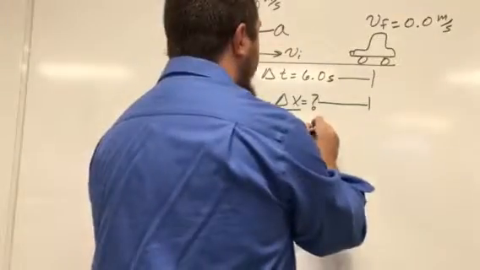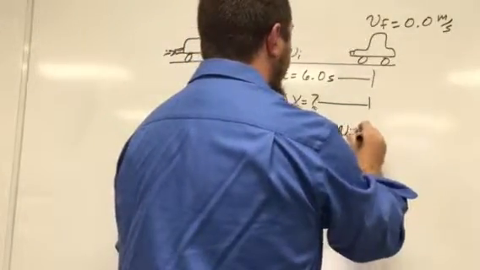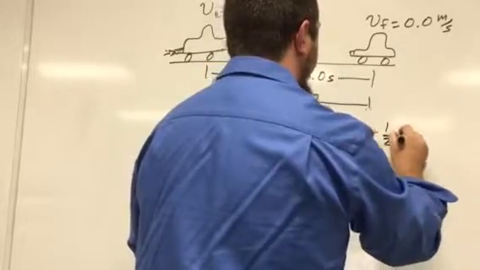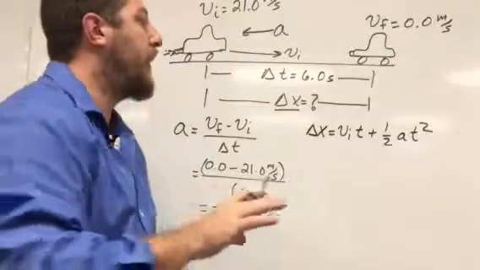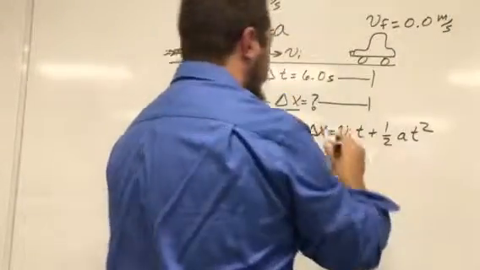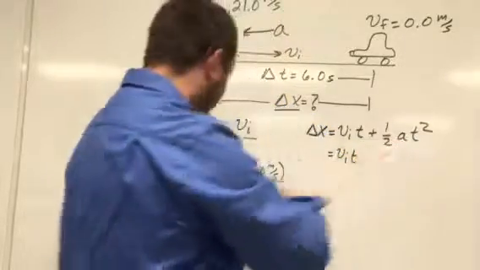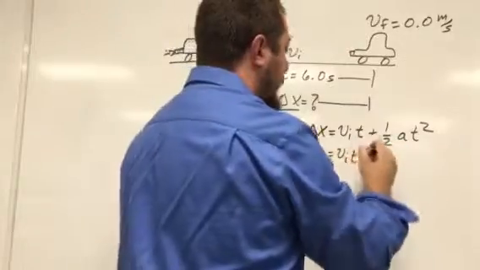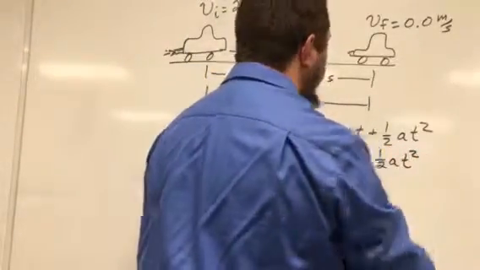If I calculate it with the first equation, VIT plus 1/2 AT squared, do note a couple of things, okay? First things first, my VI is positive, so this is going to stay the same, but my acceleration is negative. So what I can do is go ahead and put a negative sign out front here. Okay?